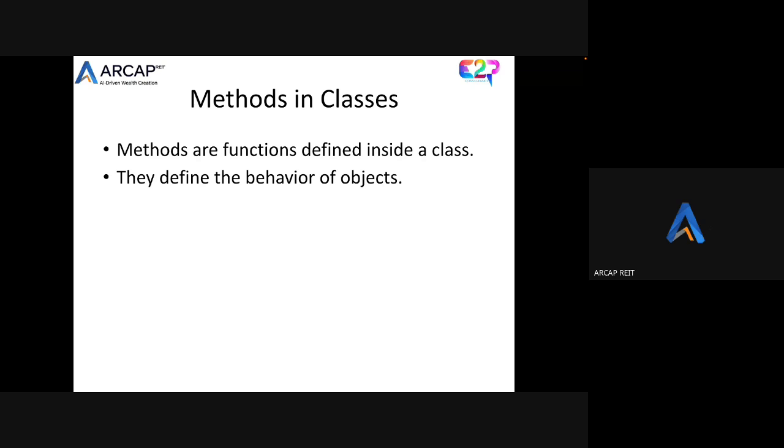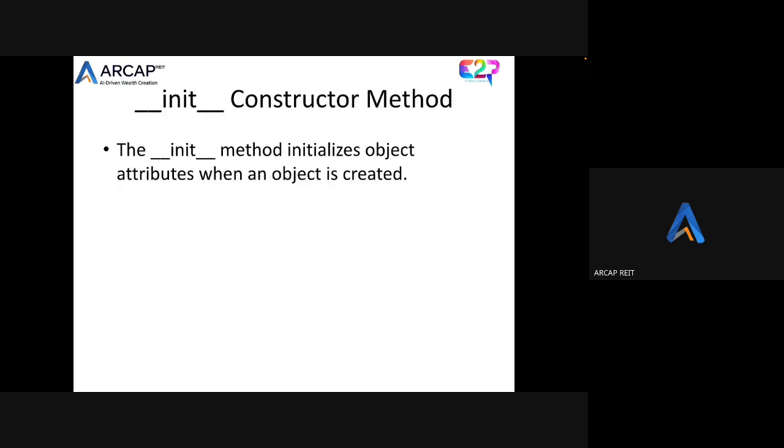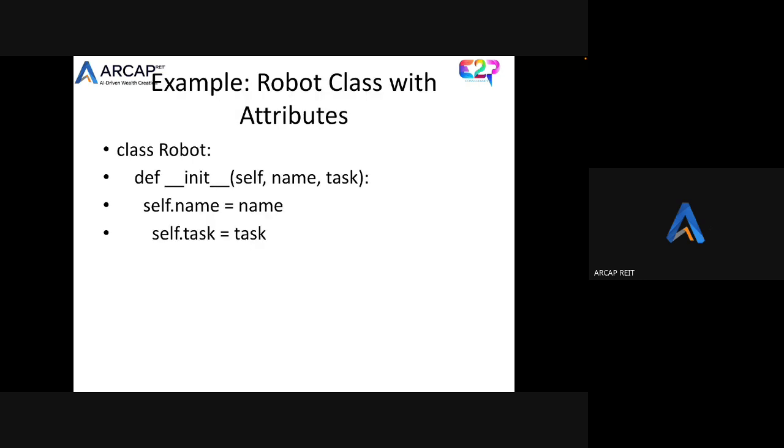And methods or functions defined inside a class define the behavior of the object. For a trainee, if we want to know the registration for a particular training program, we can keep that as a method in the object. As we discussed, the init method initializes the object attributes when the object is created.